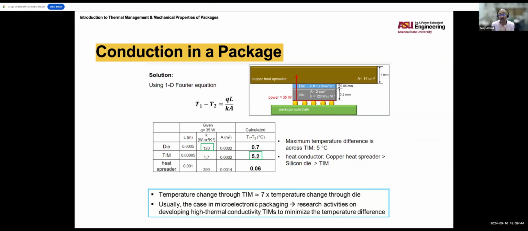Now, yes, we would love to be able to use diamond there. It would be great. But diamond is difficult to fabricate. Utilizing plasma enhanced chemical vapor deposition techniques, like we use with silicon, we can get growth rates of 10 nanometers a minute, or even higher, 50 nanometers a minute.